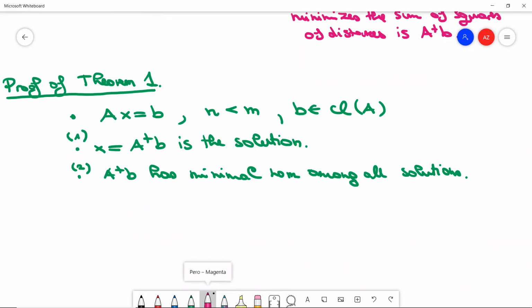So if we have, for example, some system Gx is B, and then this is something, and this is something.